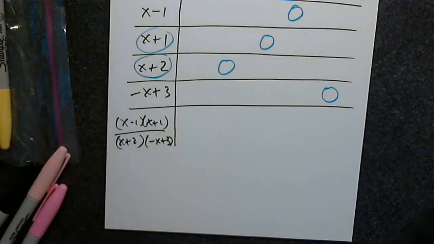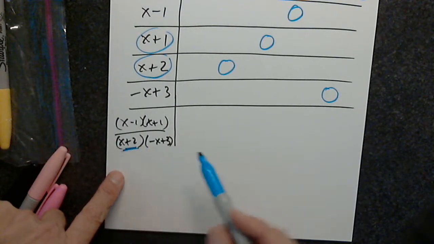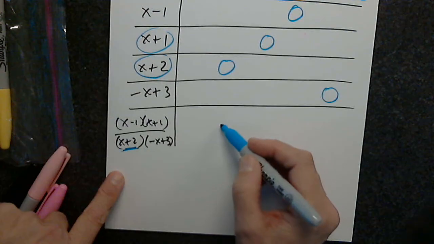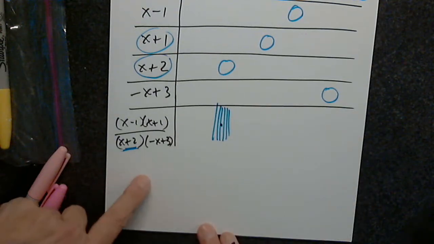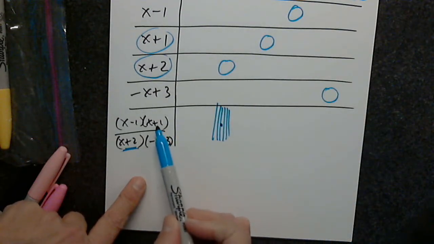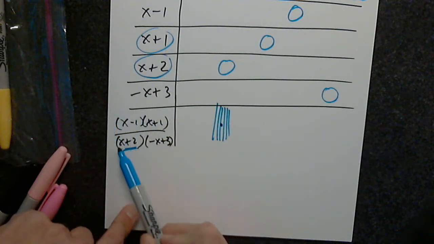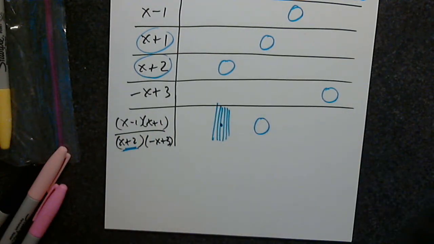Now careful, careful, careful. When x is negative 2, this piece is 0. What happens under negative 2? Negative 1. When x is negative 1, this piece is 0. What happens to the whole thing? Product is 0. Excellent. When the numerator is 0, the fraction is 0.